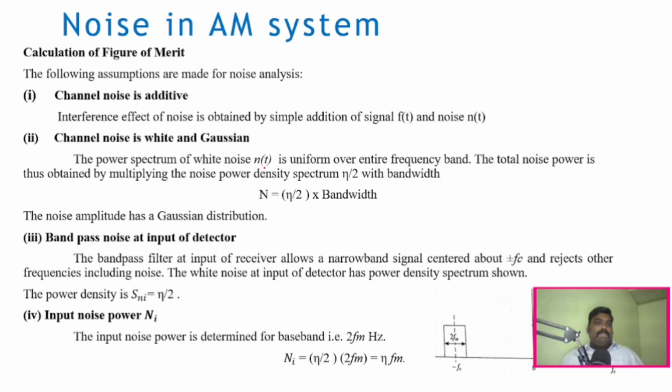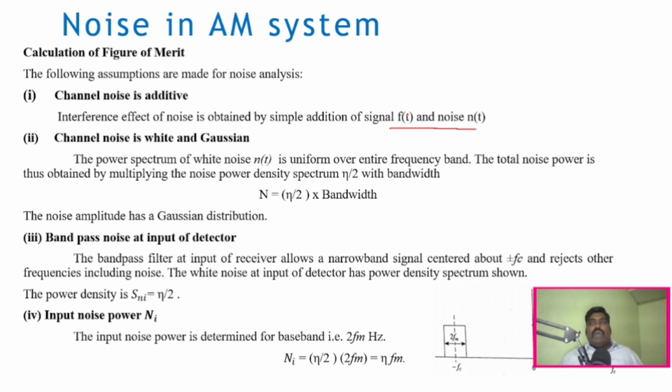Now we'll see, these are the very important assumptions that you need to follow to calculate the figure of merit, right? As I said, if you consider the original message signal as f of t, then definitely there will be a noise which is called additive noise because it is getting added, right? And we consider this noise as white noise.